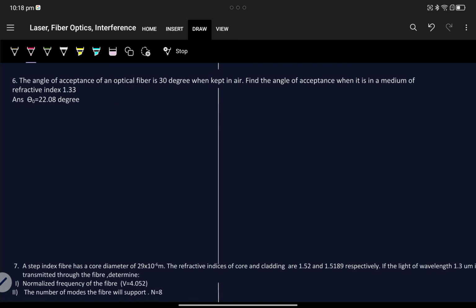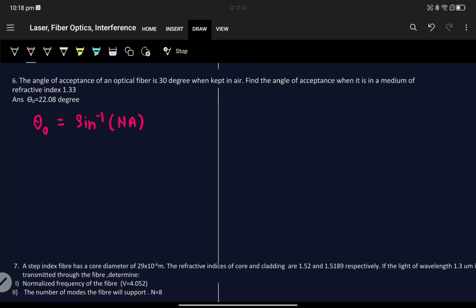The angle of acceptance of a fiber is 30 degrees. So we have given the angle of acceptance as 30 degrees when kept in air. Find the angle of acceptance when it is in a medium of refractive index 1.33. So we can find the numerical aperture. Theta 0 is sine inverse of the numerical aperture when it is surrounded by air.